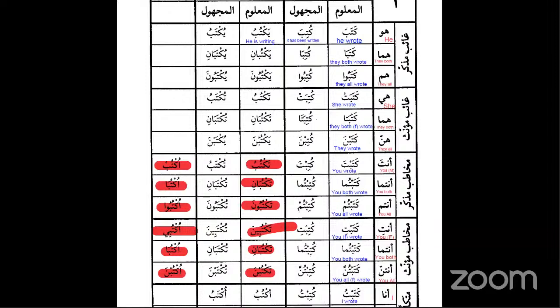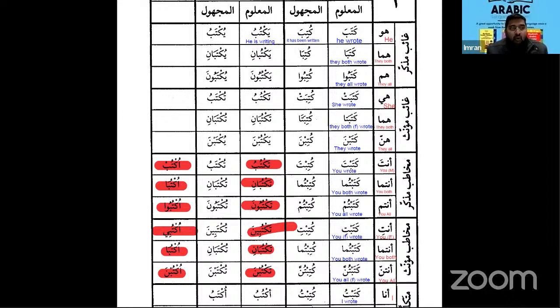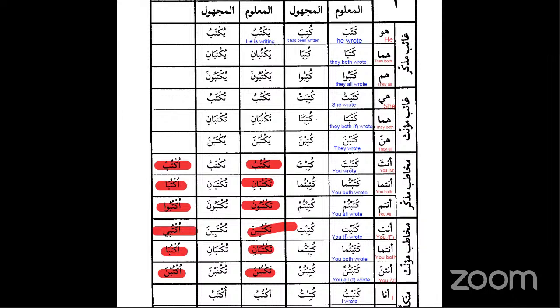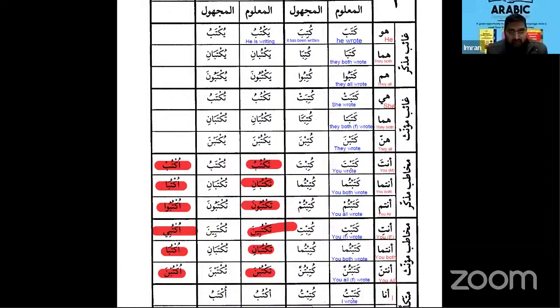The passive tense can be either past or present. And what happens is that, let me write this down as well, the object takes the same harakat of the doer.